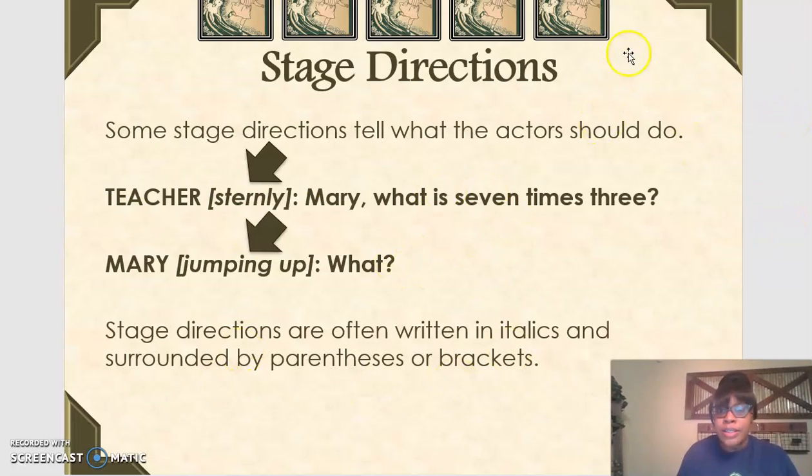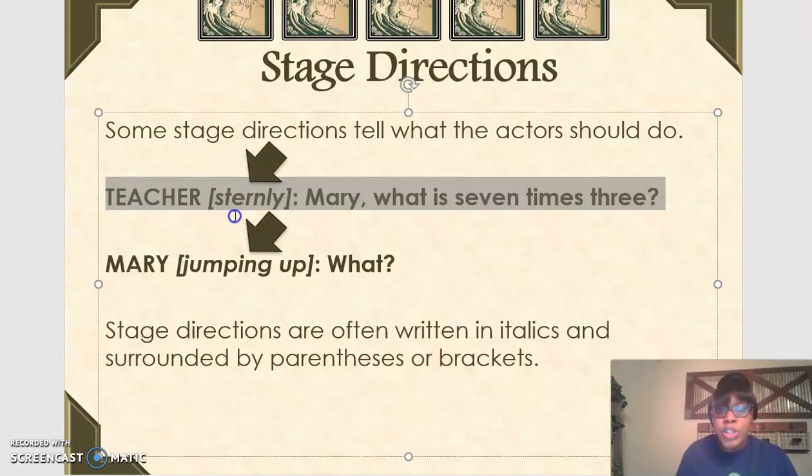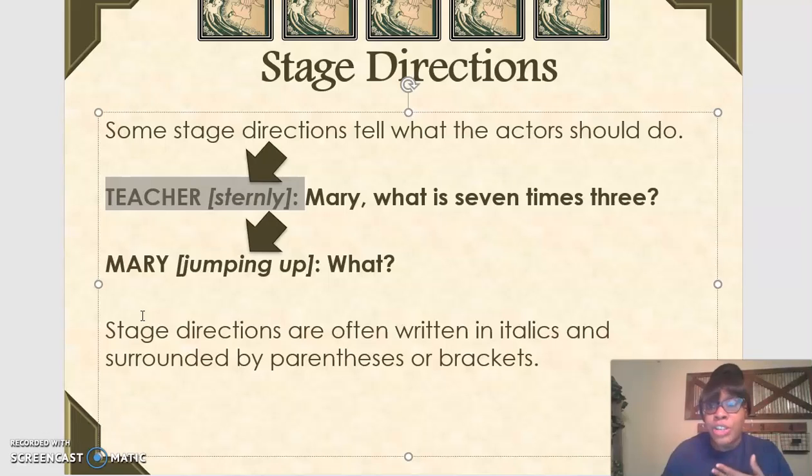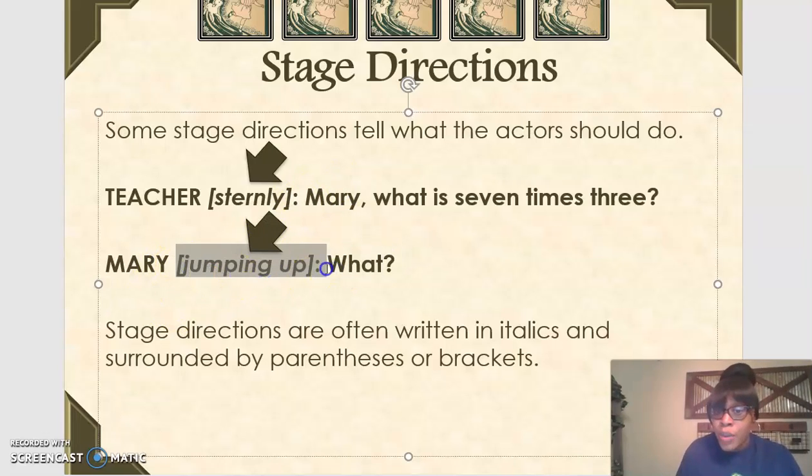Stage directions. Now your stage directions tell you what the character should do. So here where it says teacher, you see the word sternly. That means that's the action, that's what the teacher should do. She should say this, "Mary, what is 7 times 3?" sternly. And then Mary, what is she going to do when she says what?